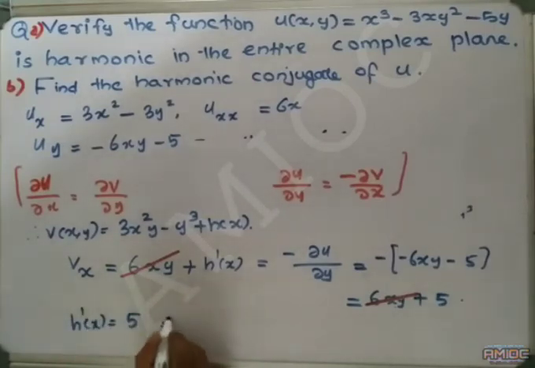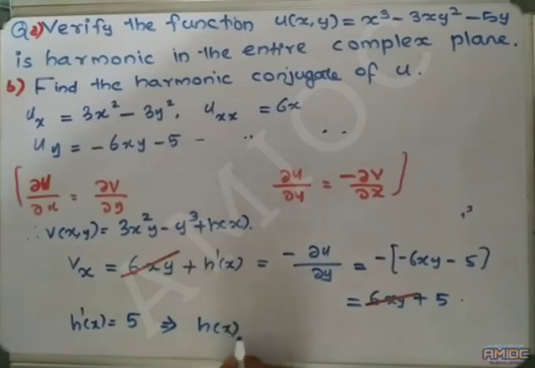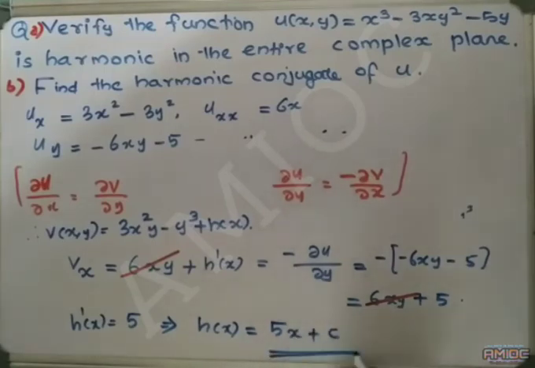This implies h of x is equal to 5x plus c. Since h is a function of x only, we are integrating with respect to x, so we get the integral of 5 is 5x and a constant represented by some c.